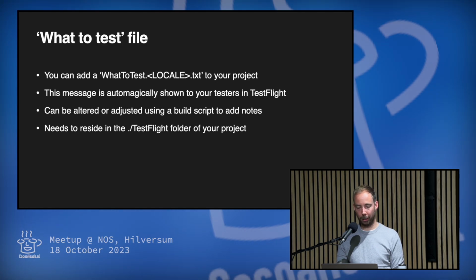You have to add it in TestFlight in your root, and there you can add test notes, and of course you can also automate what you put there by using a build script, for example.